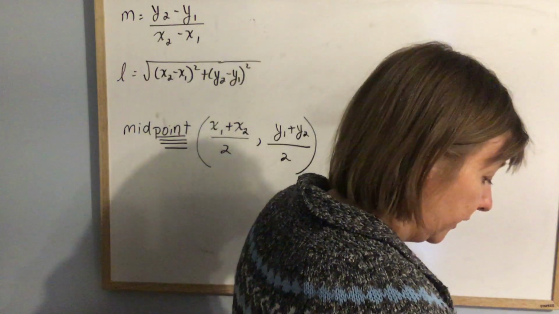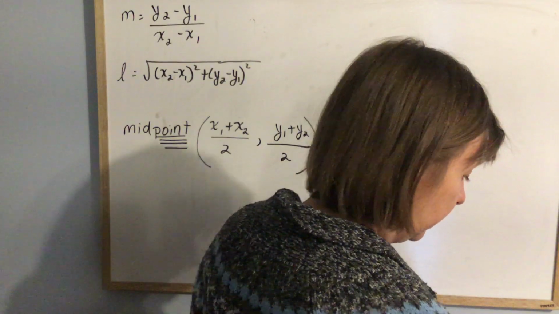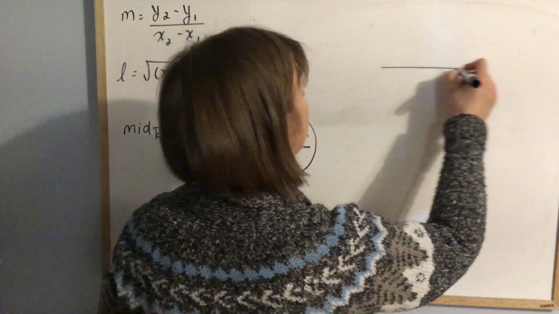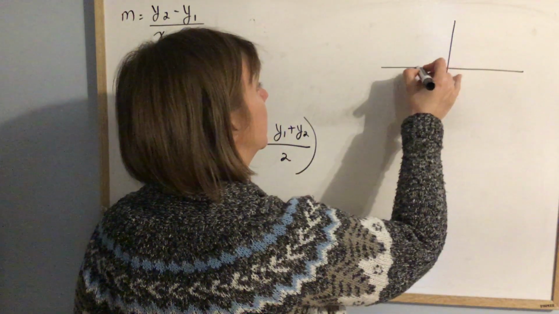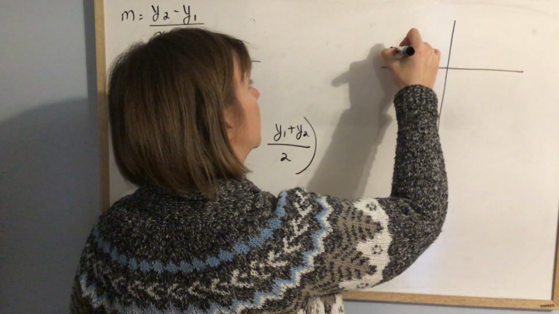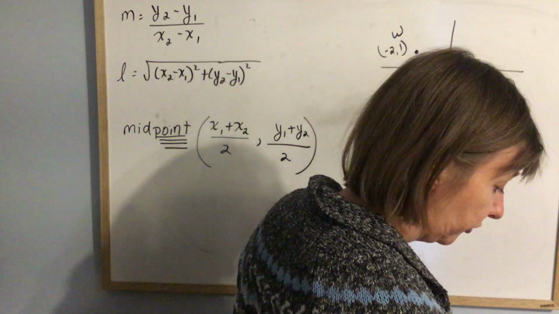It says verify that the diagonals of a parallelogram with vertices W at -2 and 1. So again, I'm going to draw this because it helps me. That's W. Takes me longer to draw it than do the question.